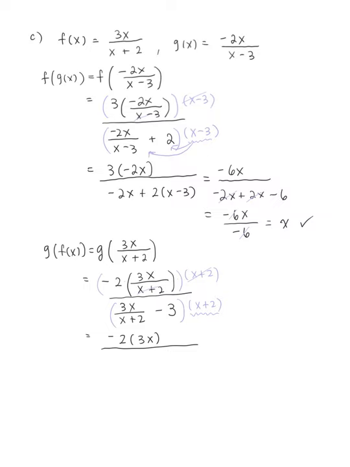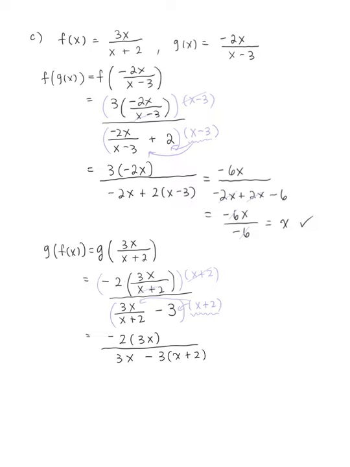Now what I'm going to do is the same thing as what we did earlier. I'm going to distribute x plus 2 to each term. For the first term, if I distribute the x plus 2, I can cancel out the x plus 2, and what remains is just the 3x. And then minus, now I'm going to distribute the x plus 2 to 3 to get minus 3 times the x plus 2. So far so good.